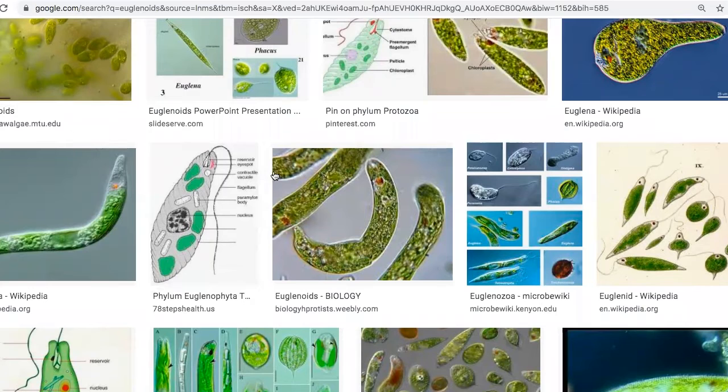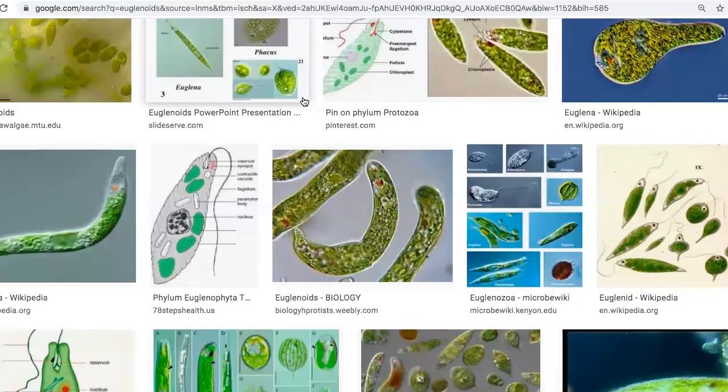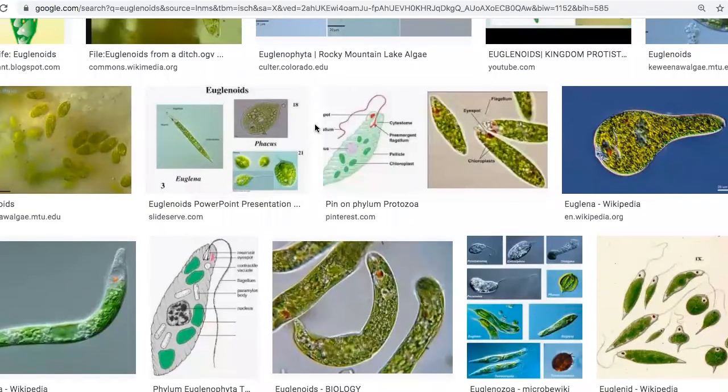Euglenoids is a huge class inside which you have different types of organisms. Euglena is one such thing.